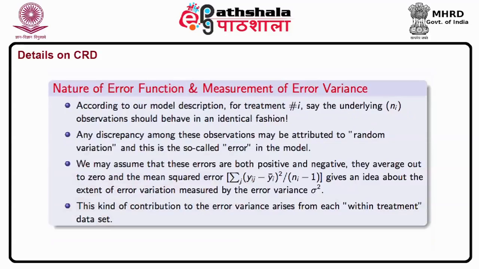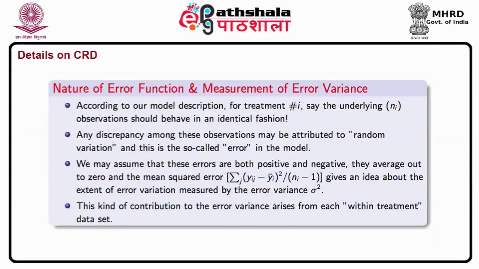Now, here is the nature of error function and measurement of error variance. So, according to our model description, for treatment number I, say the underlying Ni observations should behave in an identical fashion. Any discrepancy among these observations may be attributed to random variation, and this is the so-called error in the model.